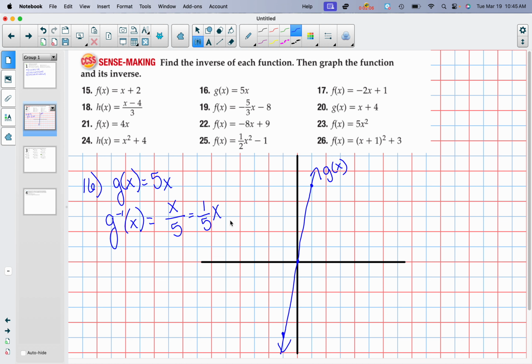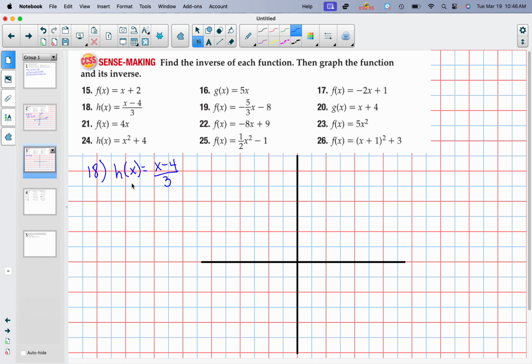And then for the inverse, also passing through 0, 0, it goes up 1 and to the right 5, or you could go down 1 and to the left 5. And draw your line. And this is g inverse. Notice that it's symmetrical across the line y equals x, just like we talked about.